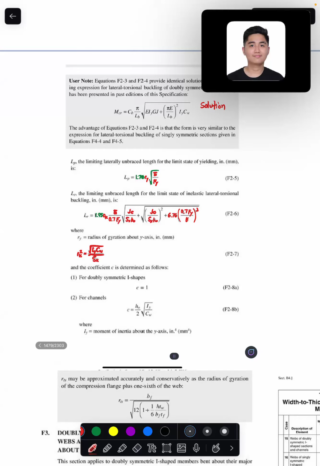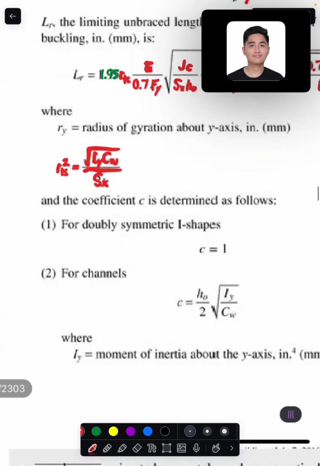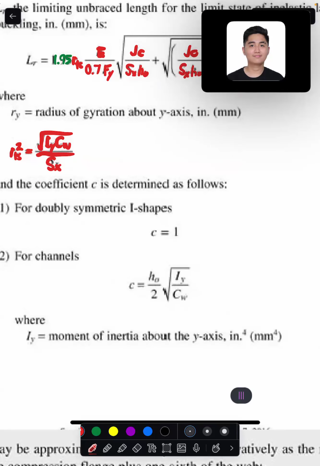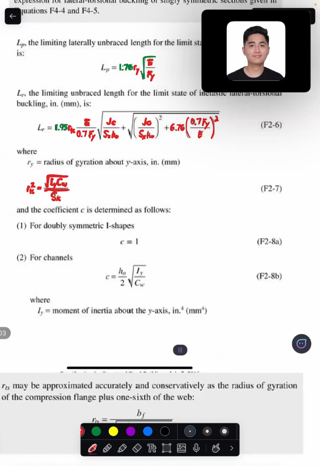Pero, if we want to get yung C sub W, I believe ang kailangan mong kunin is yung moment of inertia ng top flange. Ganun mo makukuha si C sub W from that information. Pero this is also available in table 1-1 for hot rolled section.